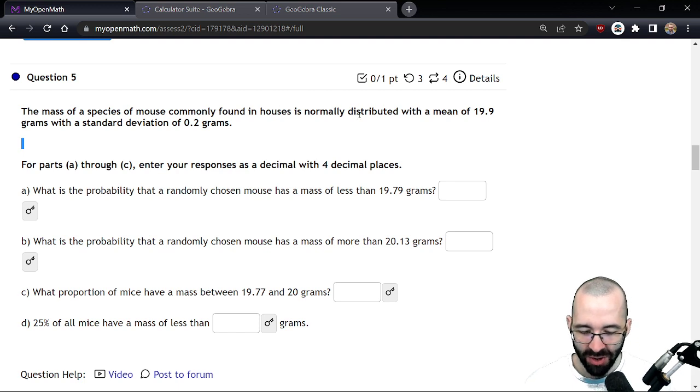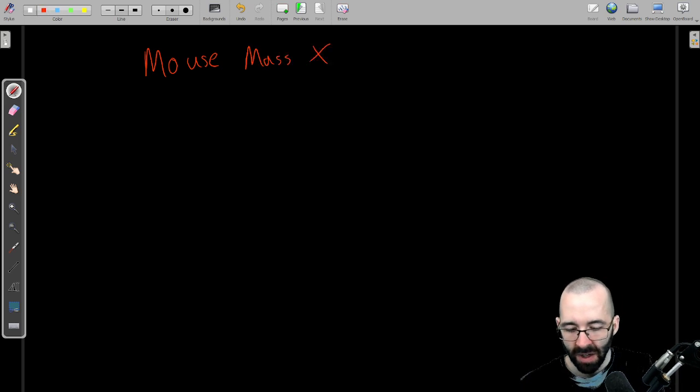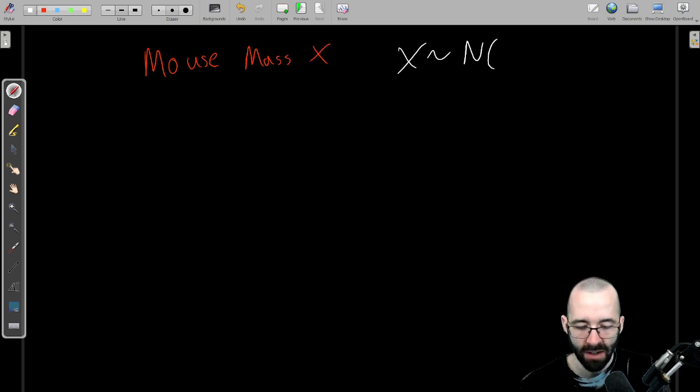Anyway, it is normally distributed with a mean of 19.9 and a standard deviation of 0.2. So again, if this mouse mass were some random variable, we could say x is normally distributed with mean 19.9 and standard deviation of 0.2.